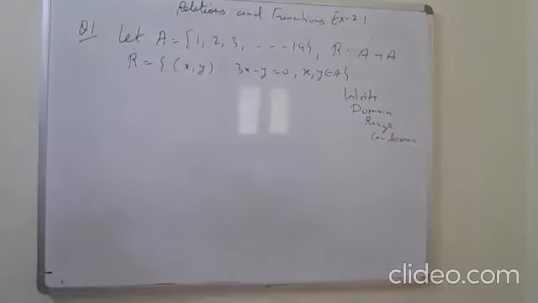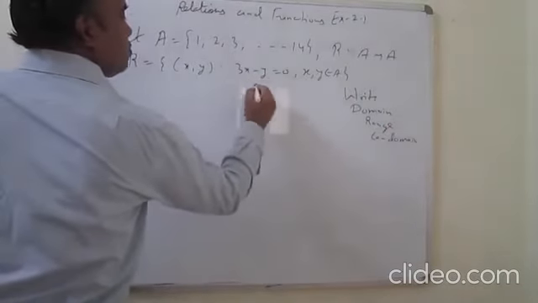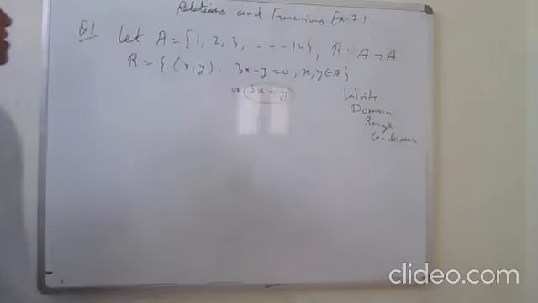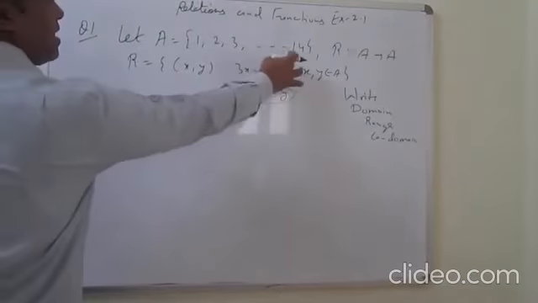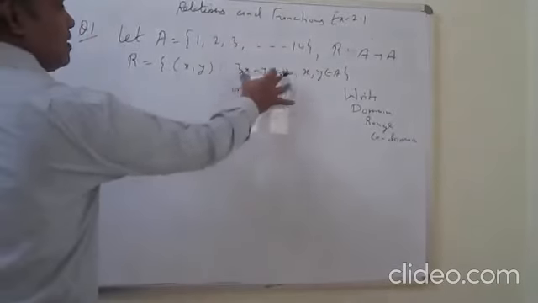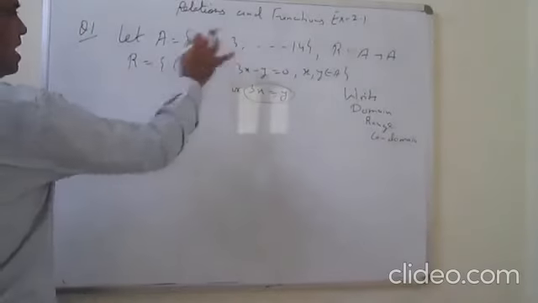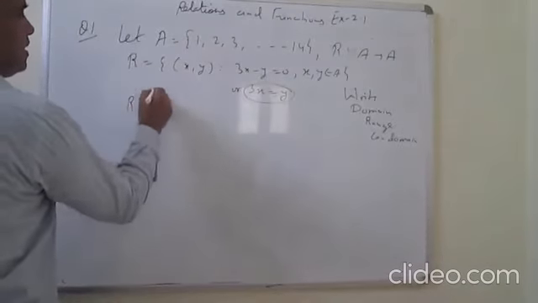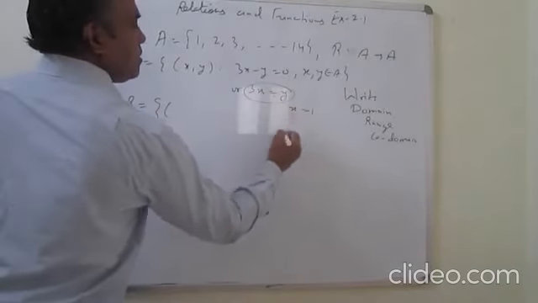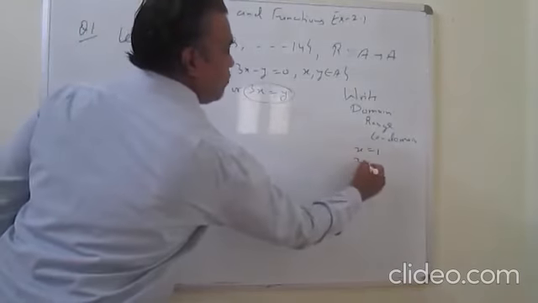So write it now. This is 3x - y = 0, or you can say that 3x = y. Now what is the relation? The set A goes from 1 to 14. So the relations will be formed with x. If I take x = 1, then 3 into 1 is equal to y.